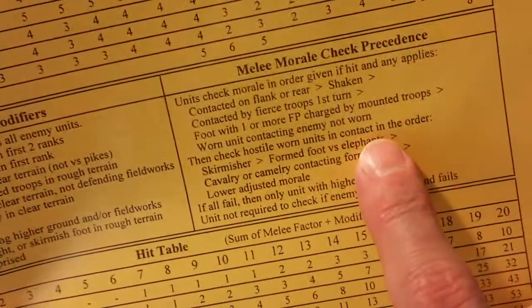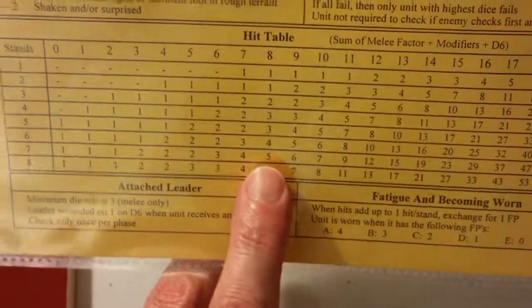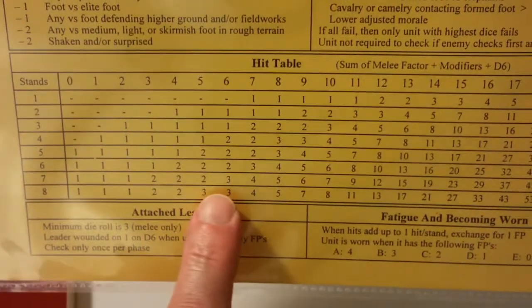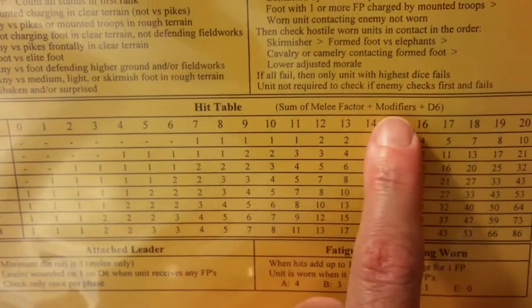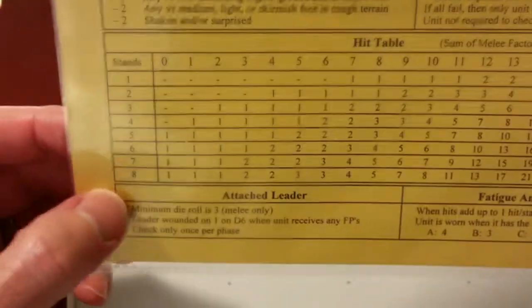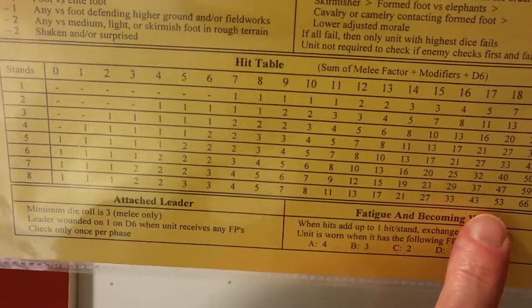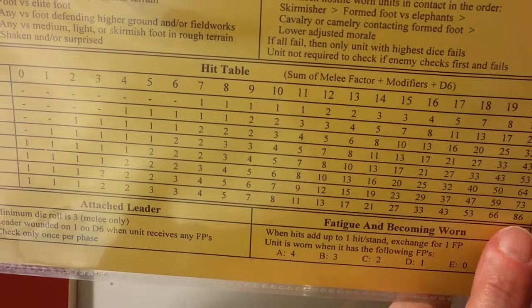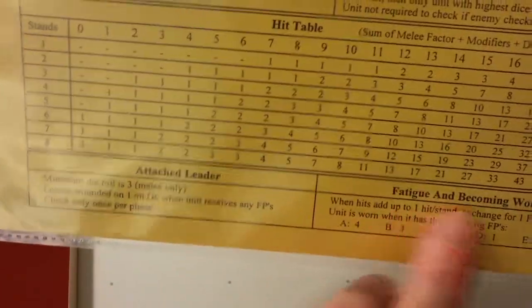Melee modifiers, melee morale check, precedence, and then the hit table. So the hit table has sum of melee factor plus modifiers plus a d6, columns for 0 to 20, stands 1 to 8, and then it has what must be hits. But it goes all the way up to 86. Attached leader, fatigue, and becoming worn. Okay, and that's all the two-sided play aid.